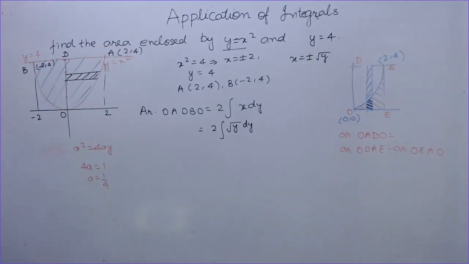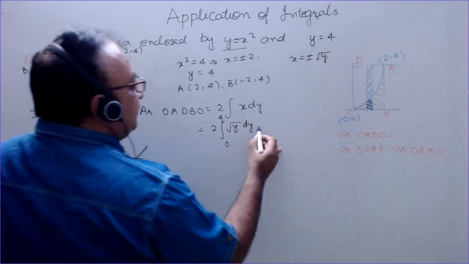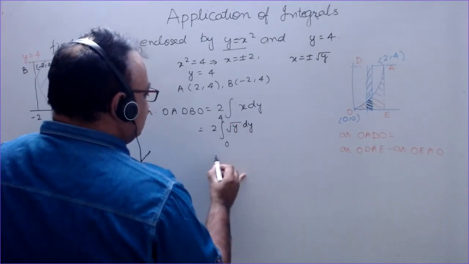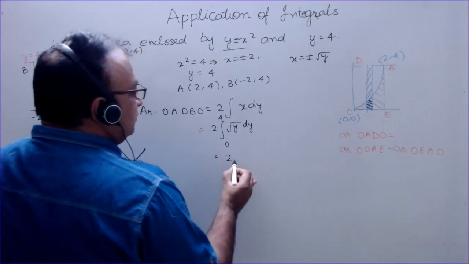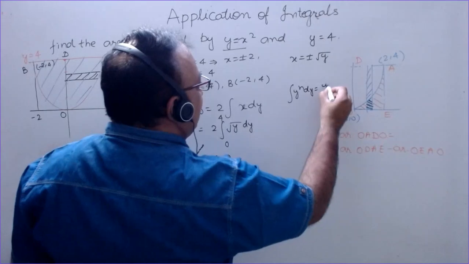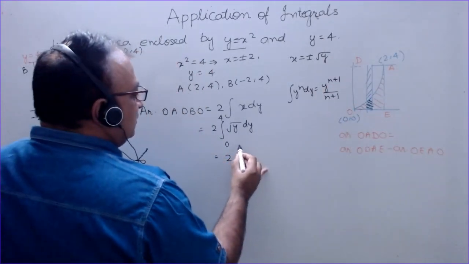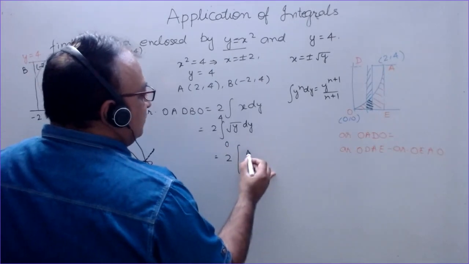And how is y varying? At this point y is 0. At this point y is equal to 4. 0 to 4. So if we evaluate this integral, so 2 and using y to the power n dy is equal to y to the power n plus 1 upon n plus 1. Y to the power 1 by 2, n is 1 by 2.